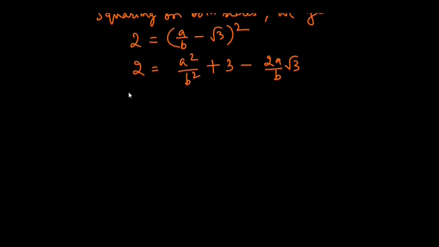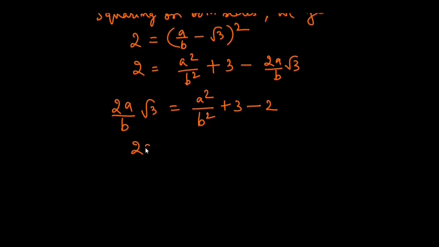So we have got 2 is equal to a square by b square plus 3 minus 2a by b into root 3. Now let us rearrange and take root 3 to one side. 2a by b root 3 is equal to a square by b square plus 3 minus 2.